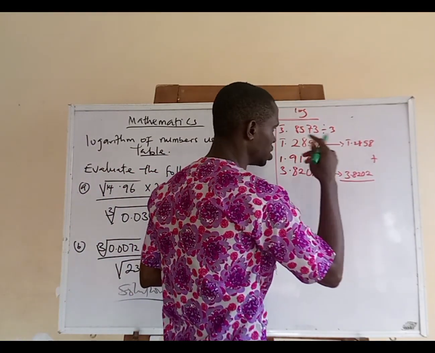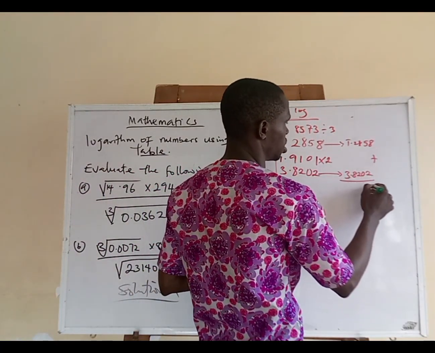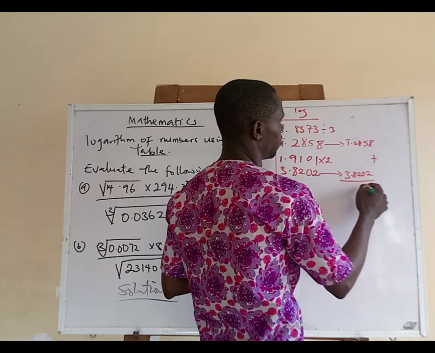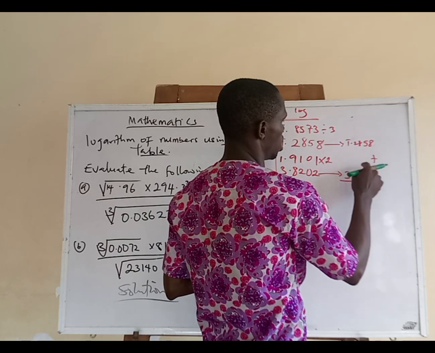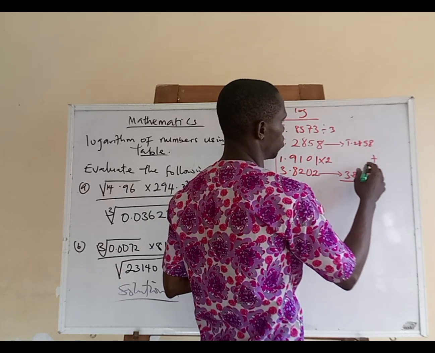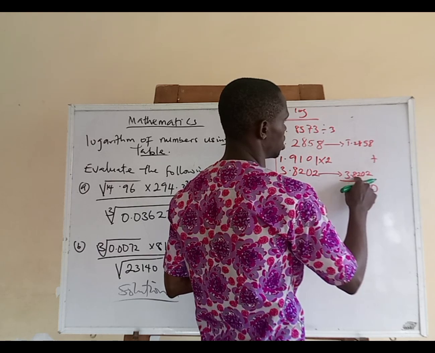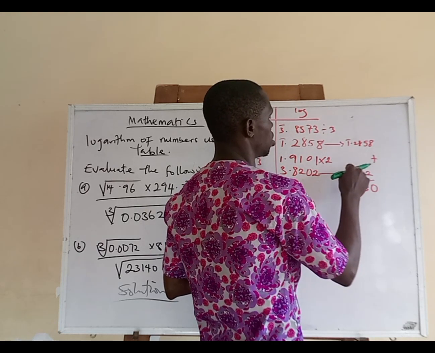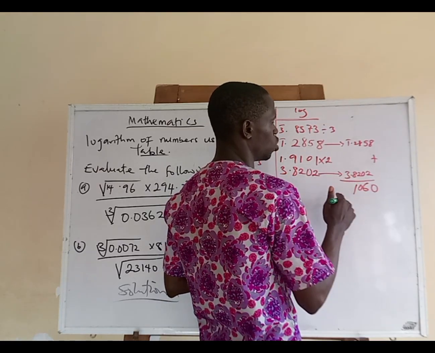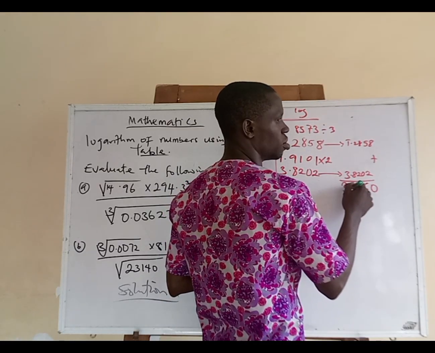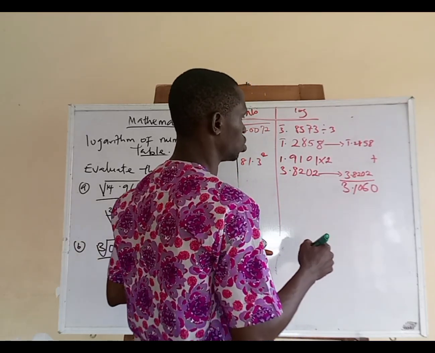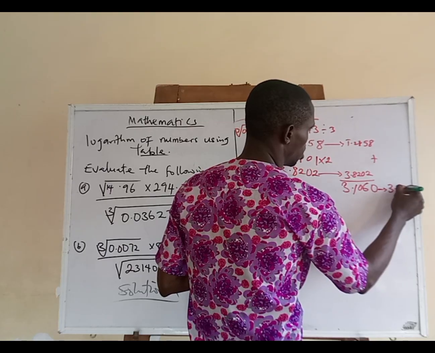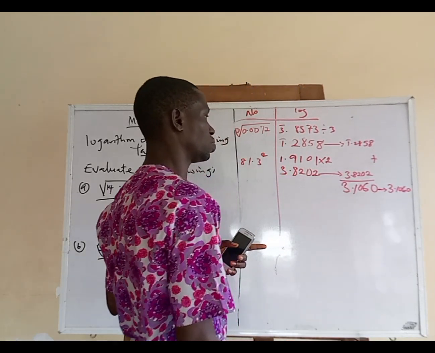So by the time we add, 8 plus 2, that's 10, you have 0, keep 1. 9 plus this, that's 5 plus 1, that's 6. 8 plus 0, that's 10, write 0, keep 1. Then 2 plus 8, that's 10 plus 1, 11, keep 1. Then minus 1 plus 3, that's 2, plus 1 that we get, that's 3 points. That's the addition. So now, you draw your arrow, you write it out, 3.1060.